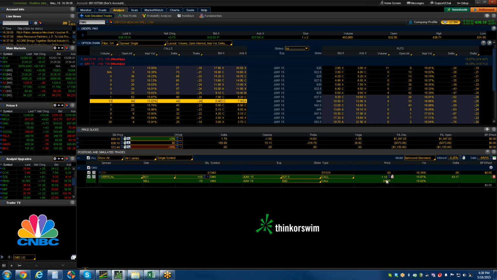That spread difference of $1.35 times 10, real close to that. Now let's say it moves to 655 before that expiration date, a week before, the 29th. Well, I still make $1,000. So good ROI for the dollars I'm spending.